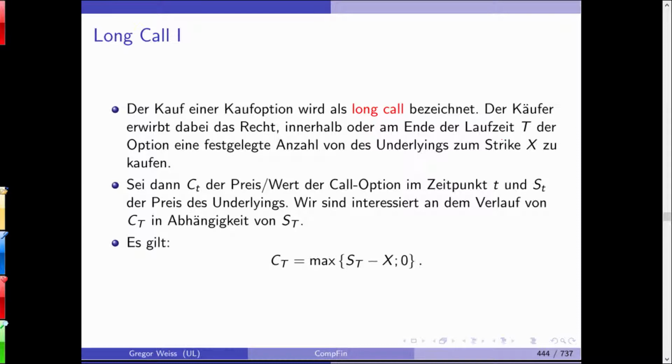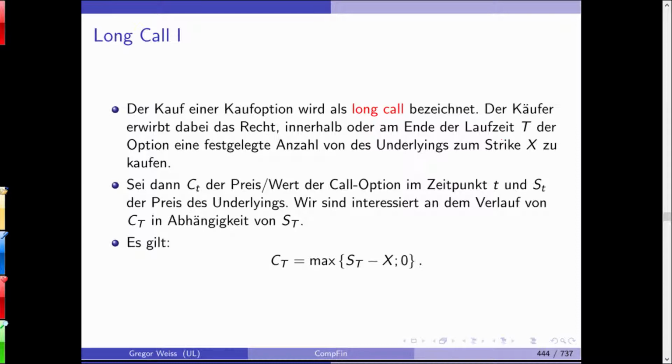So, if we have a long call, there should be someone with the short position, exactly in the opposite direction. A long call, we buy a call option, that is, we buy the right to buy the underlying, and in the end, we will exercise the option if the stock price at maturity is larger than the exercise price, the strike price. Otherwise, we'll let the option expire and we'll get zero.